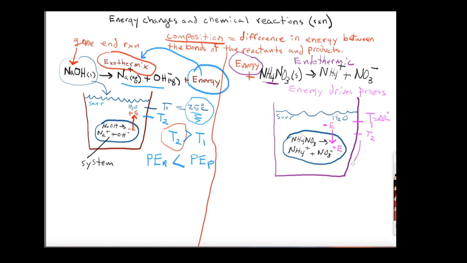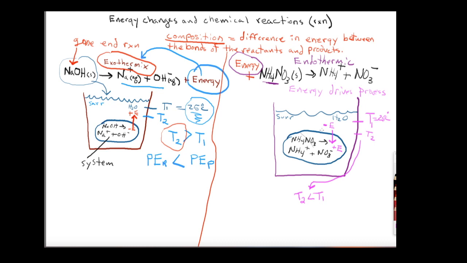So the relationship between the temperatures is going to be the following, where T2 will be less than T1. So the energy of the entire system, the system and the surroundings, is actually going to go down, because once the ions are dissolved, the system plus the surroundings is going to be now at a newer, lower temperature.